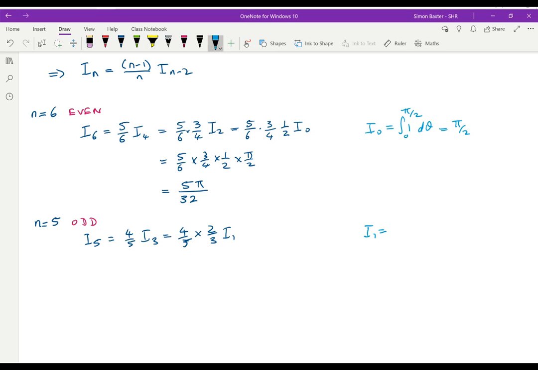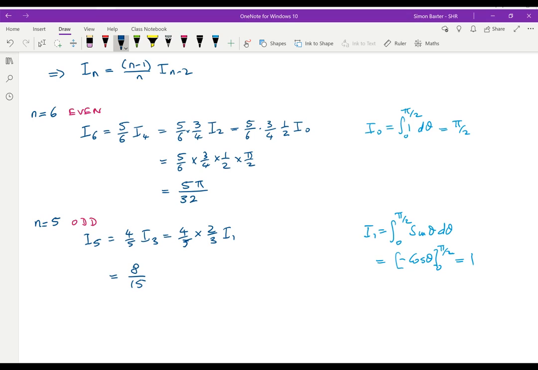We need to look at I1, which is the integral from 0 to pi by 2 of sine to the 1 theta d theta. That's equal to minus cos theta from 0 to pi by 2. If I put pi by 2 in, I get 0. If I put the 0 in, I get minus cos 0, I get 1. And so in this case, I've got 4 over 5 times 2 over 3, that's 8 over 15 times 1.